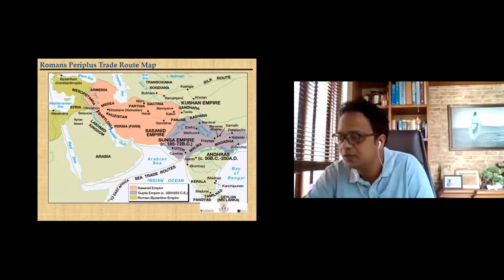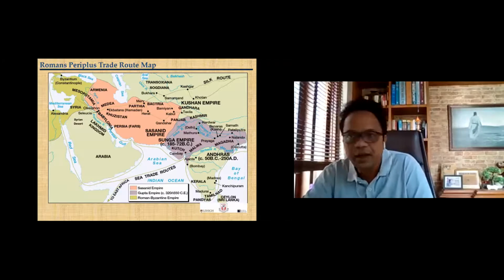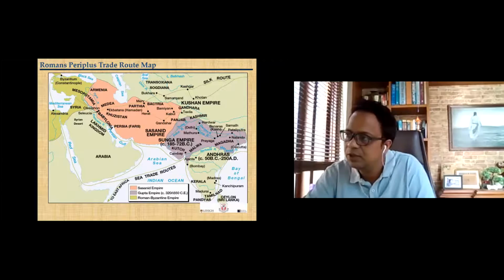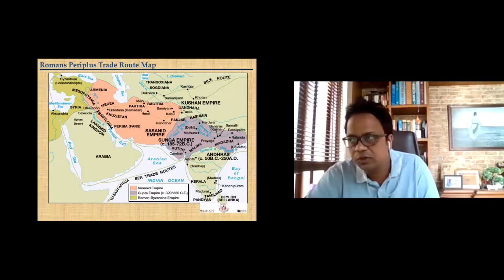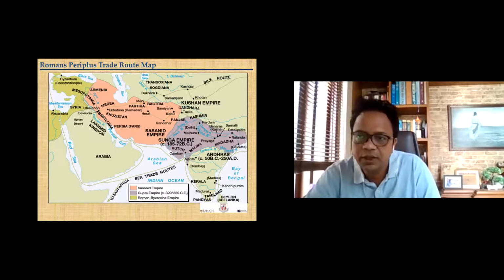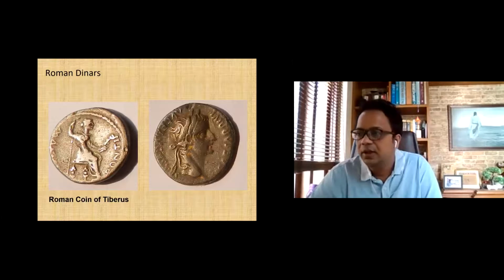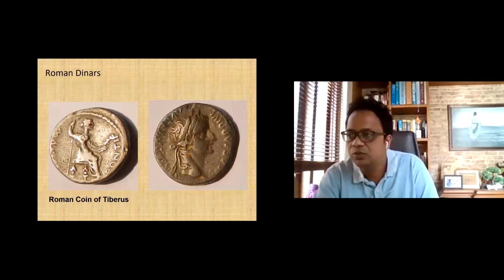This person has landed on Sopara and Bhuj. And he says that there is a king that is ruling in this place. And when I gave 10 coins of a Roman king, they gave me 12 coins of an Indian king. And this is the Roman coin that he's referring to, Roman coin of King Tiberius.